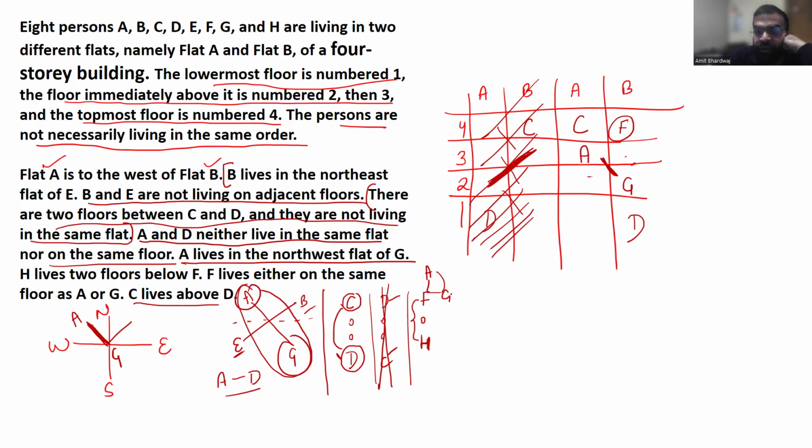But F will live either with A or G. F will go either with A or G. G is not possible, because between F and H there must be at least one floor. So F is here, H is here. Now we can see that only one position is left for this. This is E, this is B. Very well arranged. And we can see that this is the final diagram.